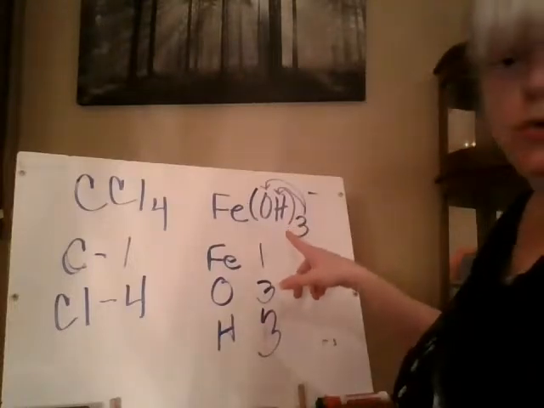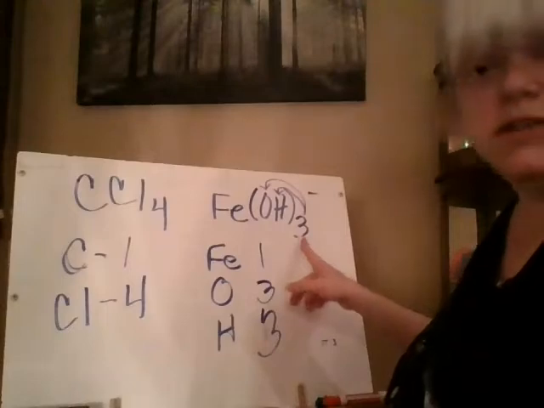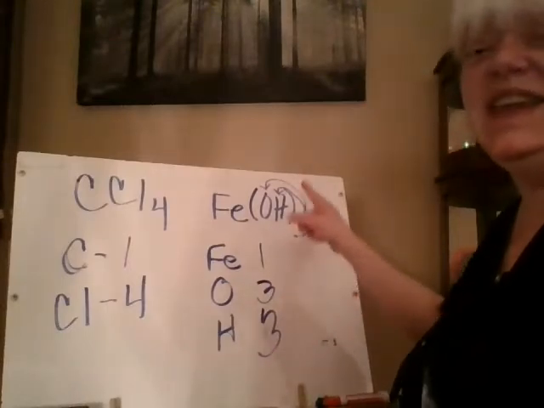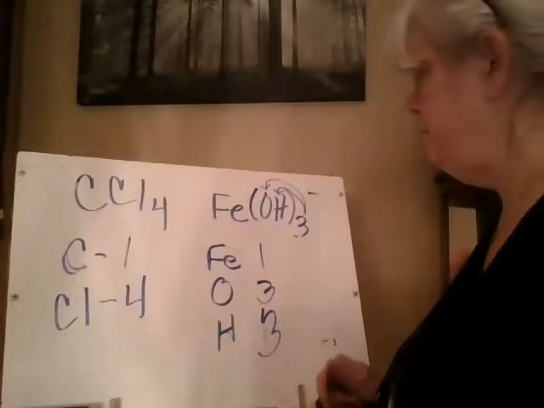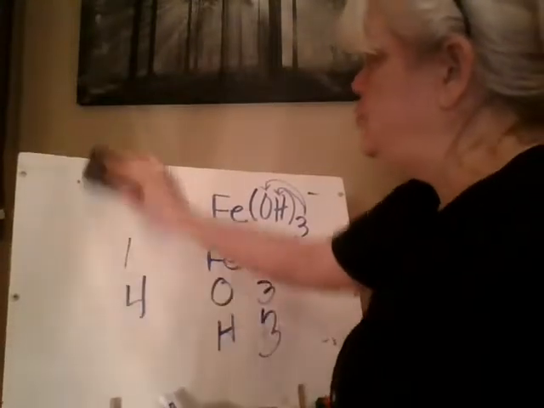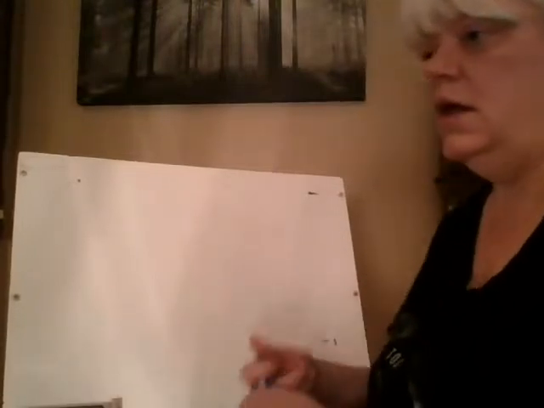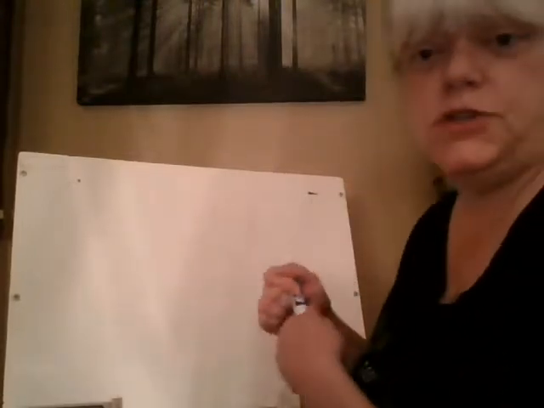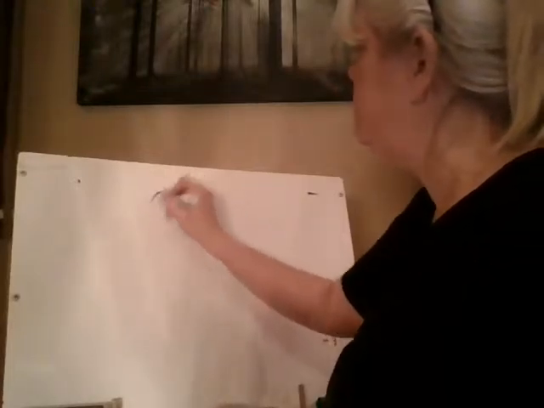So remember, if you see parentheses, distribute the subscript amount to any elements that are in those parentheses. Okay? All right. I'm going to do one more. And we're going to go back to our carbon tetrachloride, CCl4.